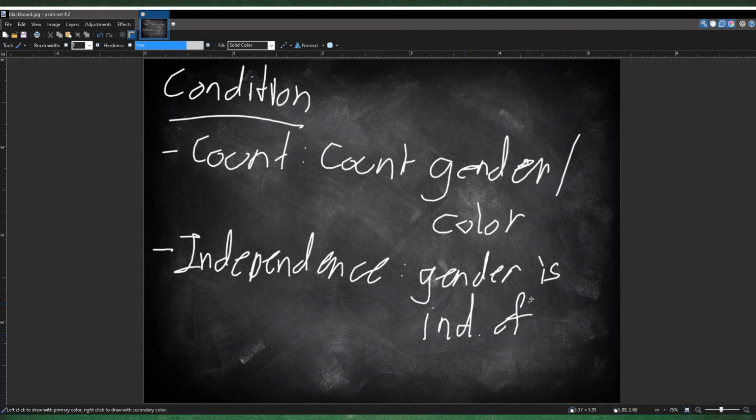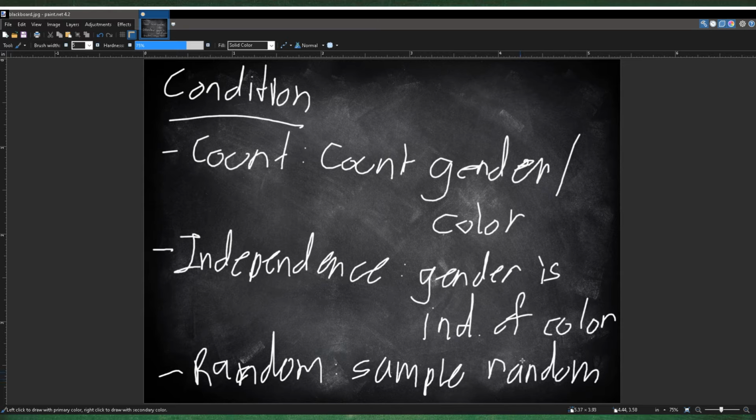Just because a male chose red doesn't mean a female would be affected by that choice. So she won't have a lower chance, a greater chance, or equal chance. It's just basically random. And then you have random. So your sample is random, which was given by the question.